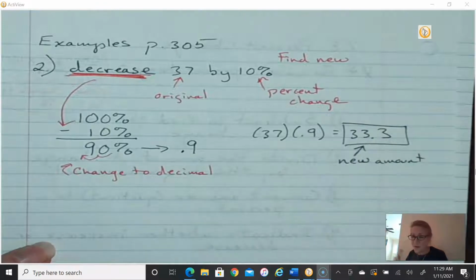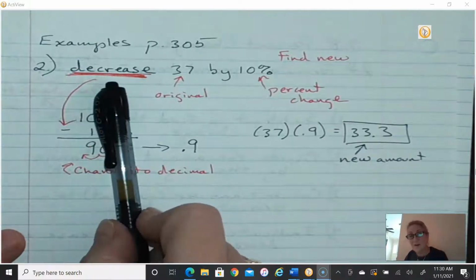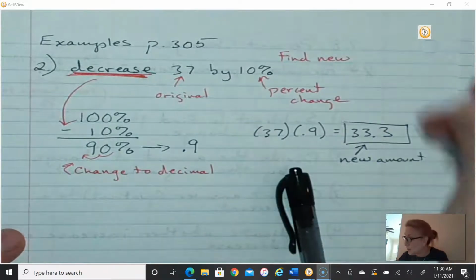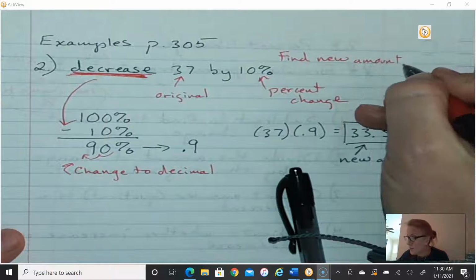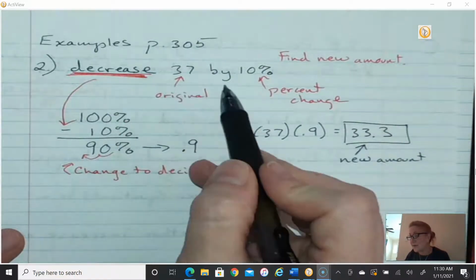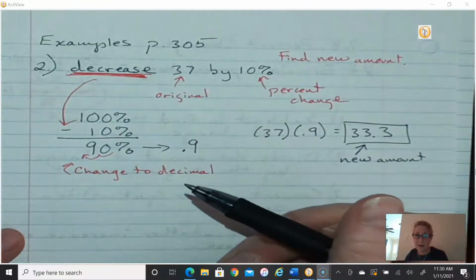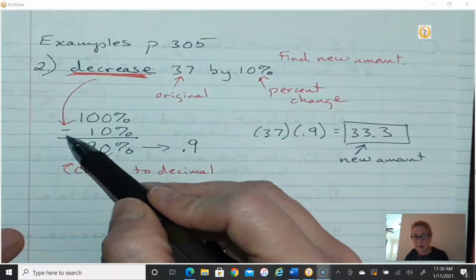I know this is different than the other side, but instead of doing a whole bunch of notes, I'm doing a whole bunch of examples. So, number 2 says to find the new amount. That was the question in the directions. It said decrease 37 by 10%. So you're going to decrease, so you're subtracting.